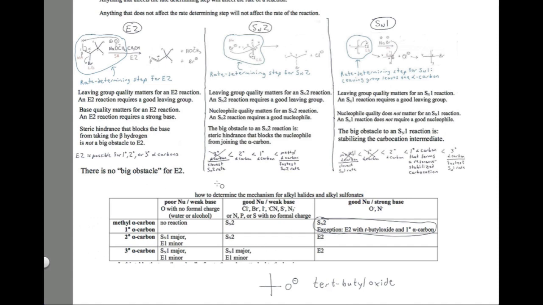So the steric hindrance is not going to slow down the action of tert-butyl oxide as a base as much as it would interfere with its action as a nucleophile. So we've used the material that we discussed to get a deeper insight into this table and to understand why tert-butyl oxide favors E2 over SN2.